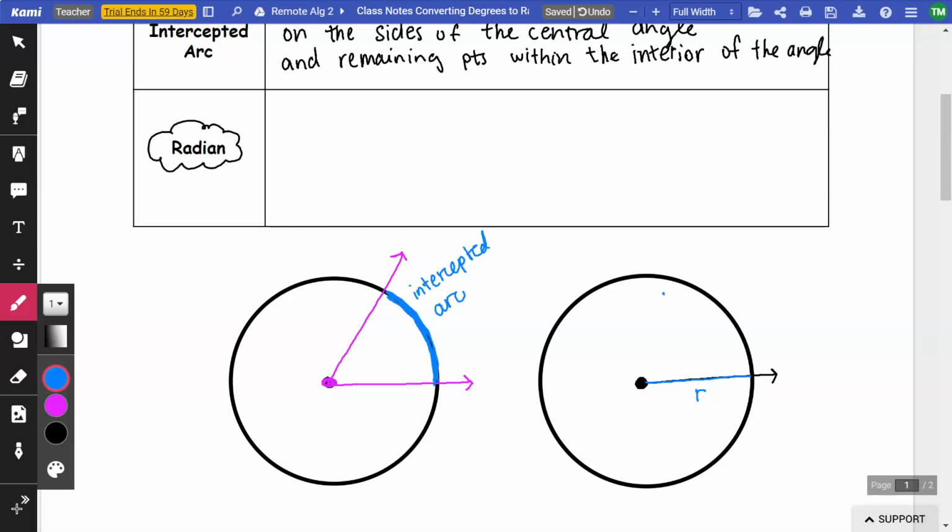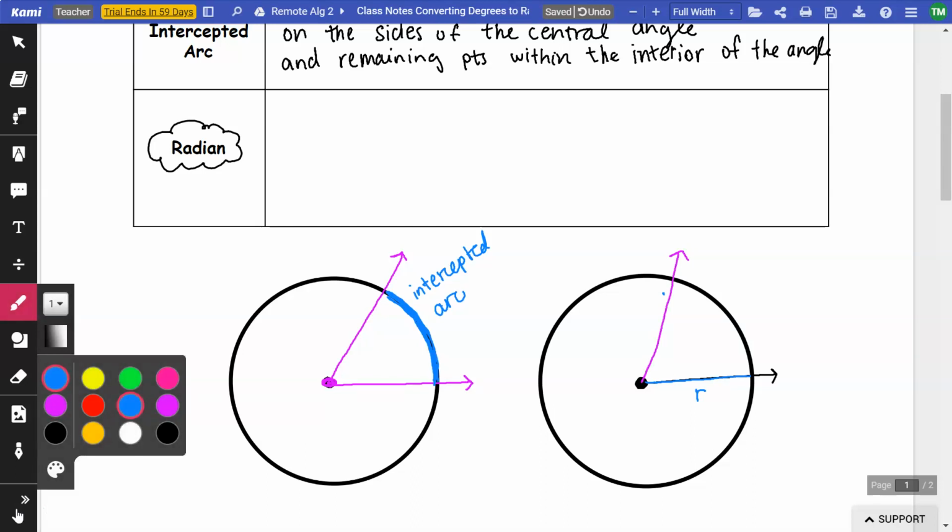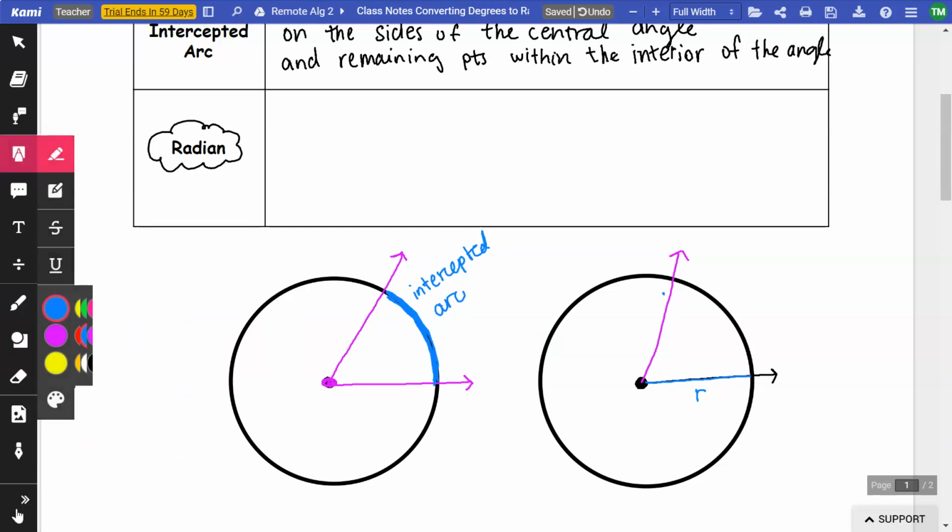So if I have a central angle, I'm going to draw the other side of my central angle here. And if that central angle creates, I'm going to use a highlighter, an intercepted arc that's the exact same distance as your radius, you've created an angle that is 1 radian.